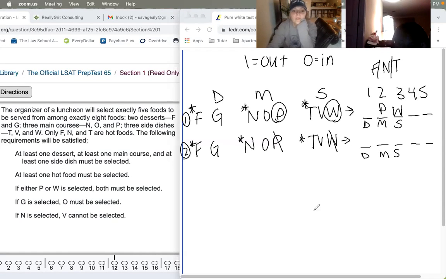So, all right, next rule says if G is selected, O must be selected. So looking at the first world, what do I have to do? We'll have to make a duplicate world because we don't know anything about G and O as it stands.